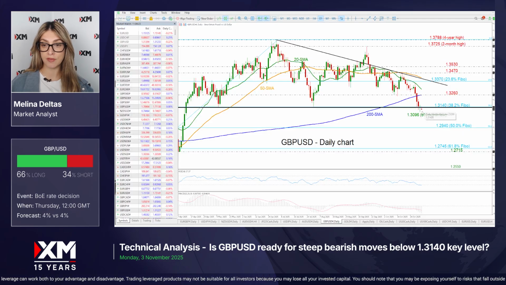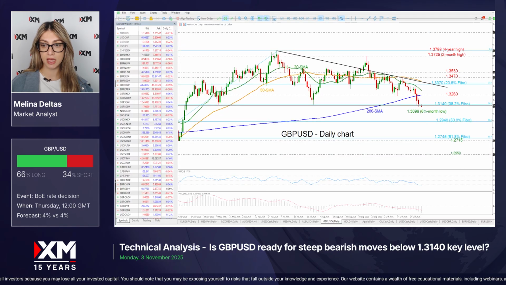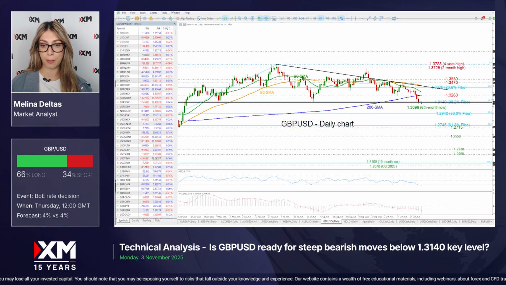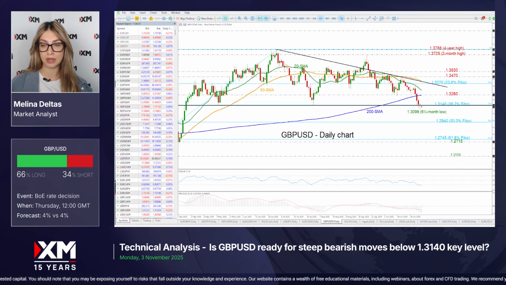If the market has a closing day below this level, then we may see the price posting steeper decreases until the 50% FIBO at 1.2940, taken from the upward movement from 1.21 to 1.3788. So if the market continues this downside movement, the outlook will switch to strongly bearish.